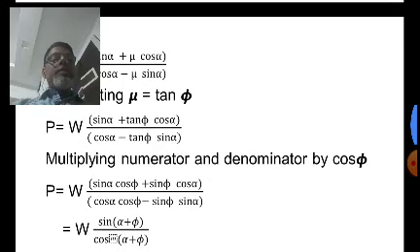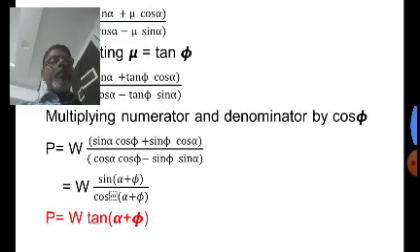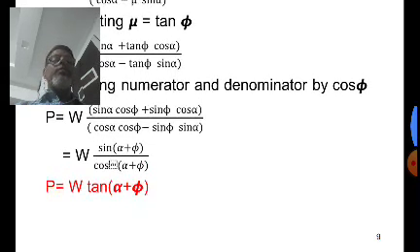Now sin alpha cos phi plus sin phi cos alpha means sin of (alpha plus phi). Cos alpha cos phi minus sin phi sin alpha means cos of (alpha plus phi), right? So sin divided by cos, you will get tan. Therefore you will get the equation P equal to W tan(alpha plus phi), right?